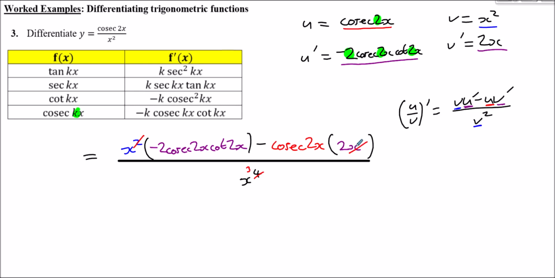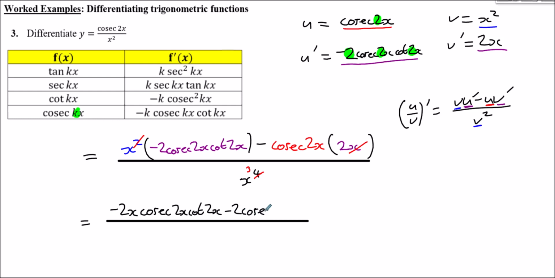So the top is now a single x. That gives us minus 2 times x cosec 2x cot 2x minus 2 times cosec 2x, all over x cubed.